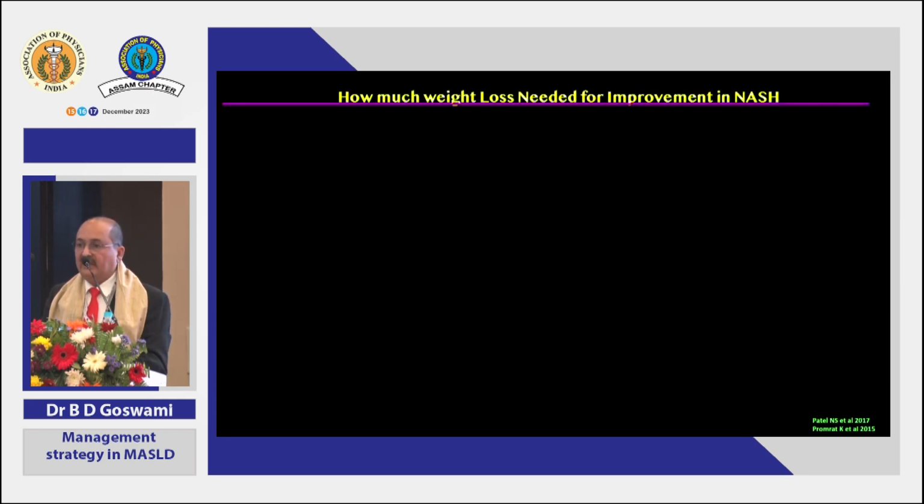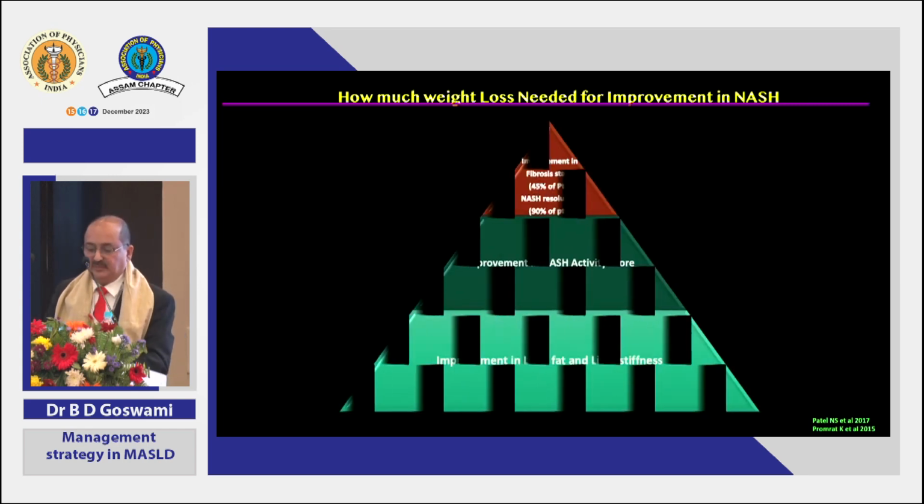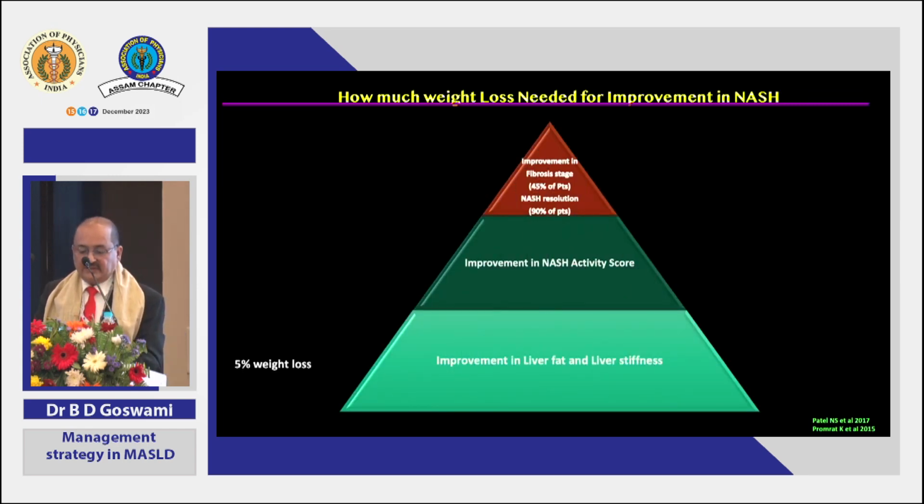Coming to weight loss, how important is weight loss in NASH management? If you can achieve 5% weight loss, then you can definitely improve the condition of the patient. If you can achieve 7 to 10% weight loss, then the NASH score would definitely be reversible.